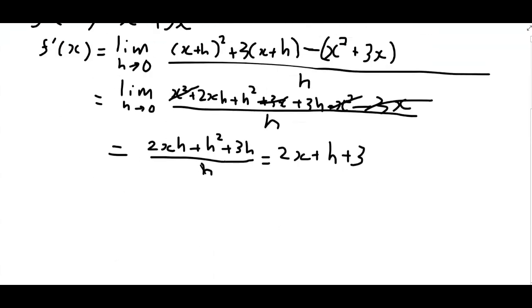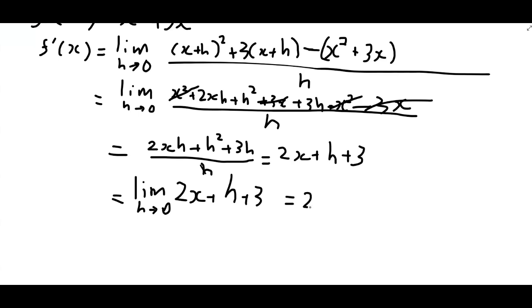Now, we need to apply the limit as h approaches 0. So all you got to do is replace the h with 0. So 2x, and this becomes 2x plus 3.